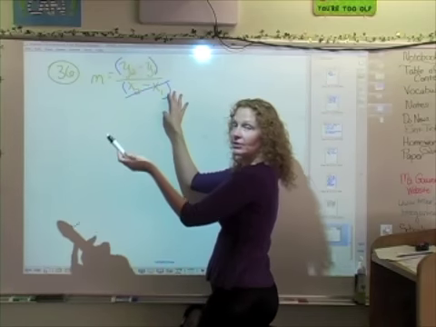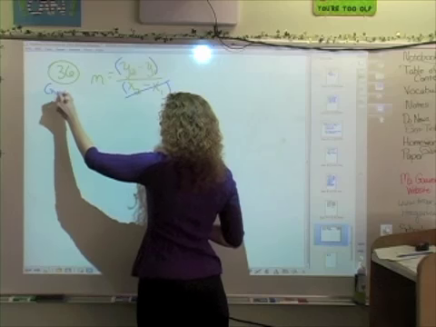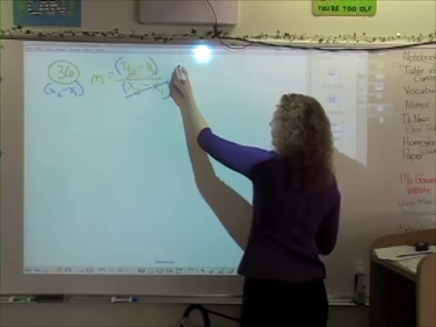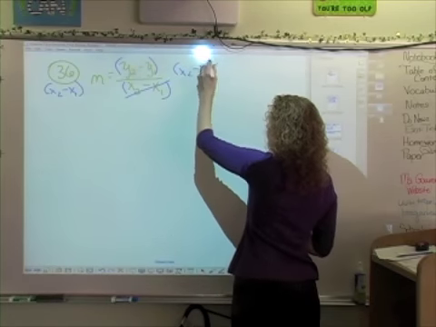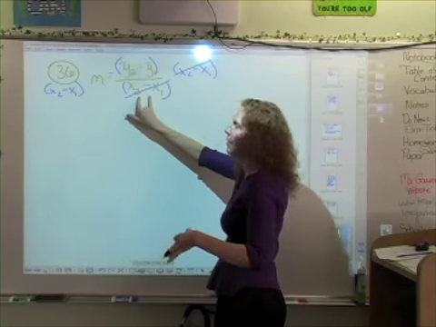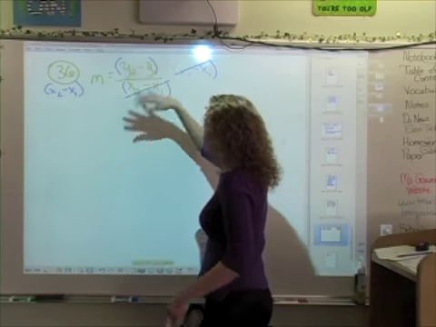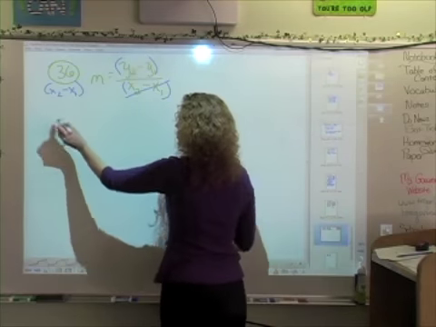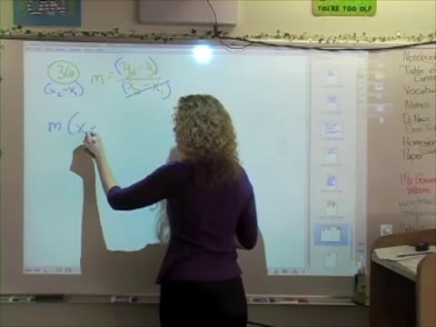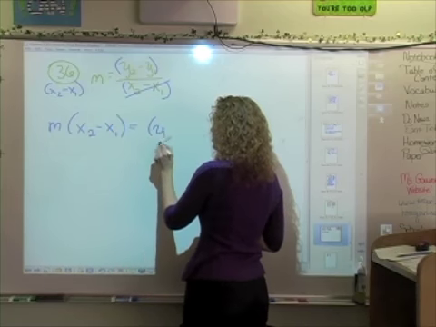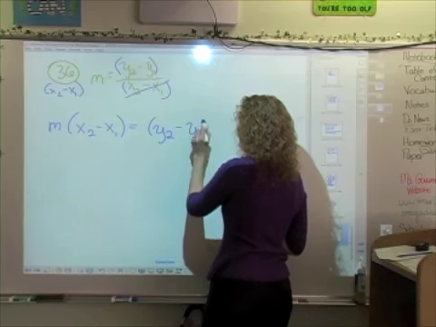I'm multiplying both sides by x2 minus x1. If I multiplied it up here, x2 minus x1, you would see that they just eliminate. This divided by this is equal to 1. So I don't do that. I just cross it out and move it. I just perform the inverse operation. So I end up with m times x2 minus x1 equals y2 minus y1.